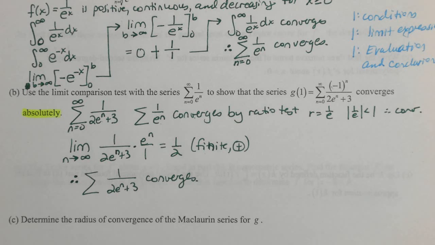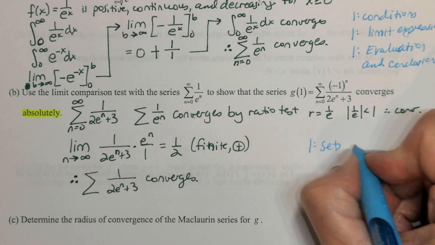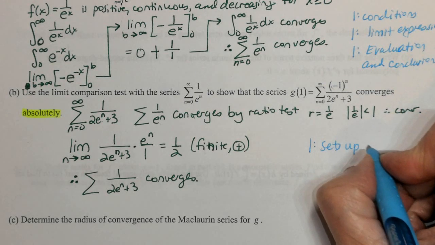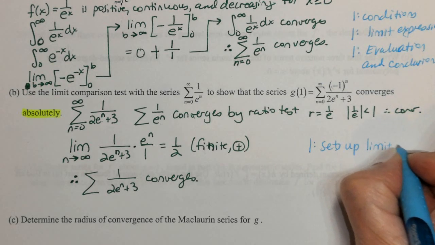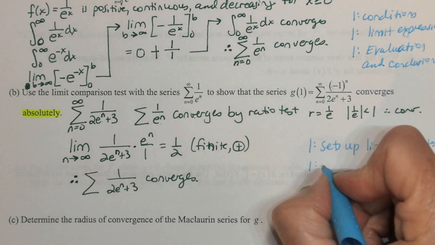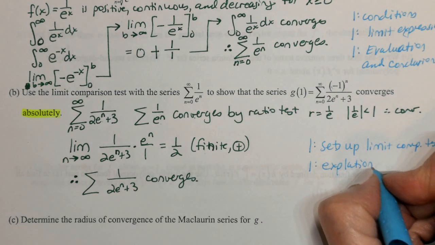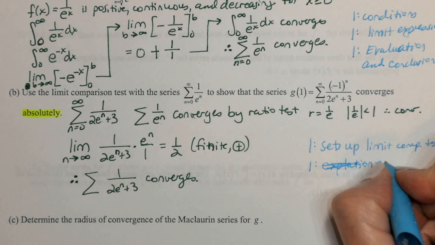You can say that both series terms are greater than or equal to 0 for n greater than or equal to 0. Okay, this was worth 2 points. 1 point for what they called sets up limit comparison test, and then 1 point for your explanation.